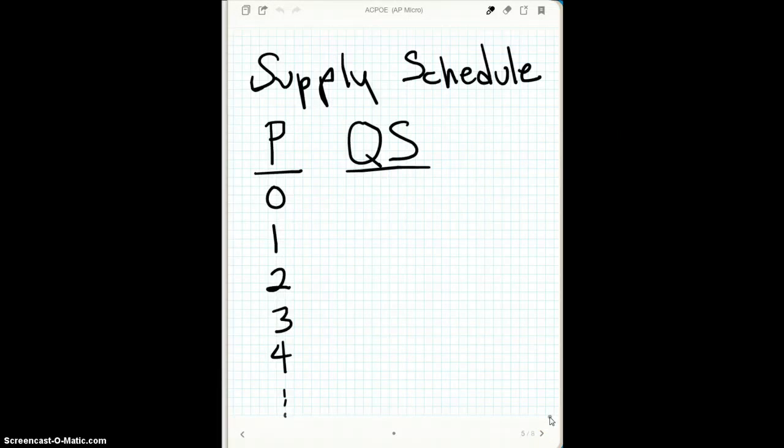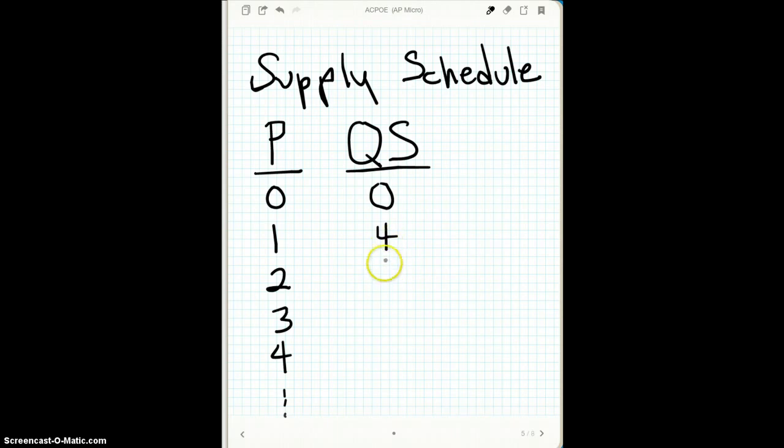There's also a supply schedule, and using our same prices, this is a list of various possible prices, 0, 1, 2, 3, 4, and so on. And the quantities supplied in this market, we're going to say, just made up, this is hypothetical. Let's say at a price of 1, 4 units would be brought to market.